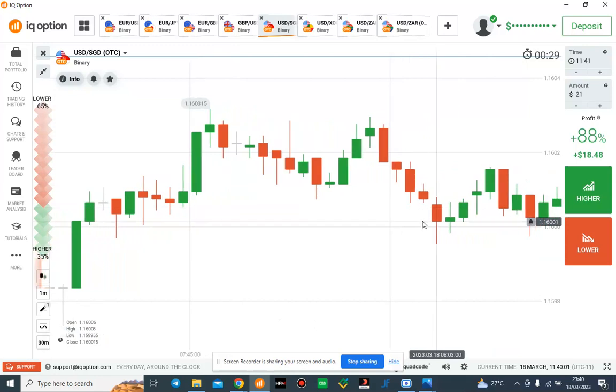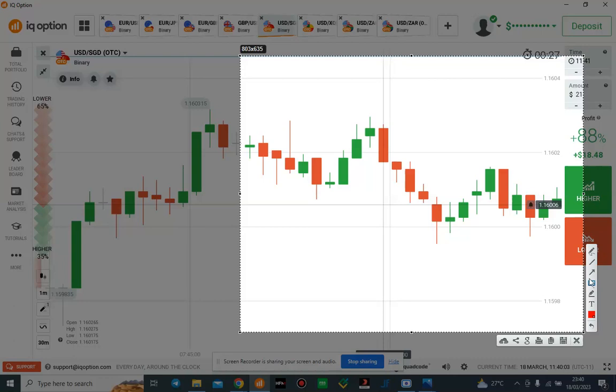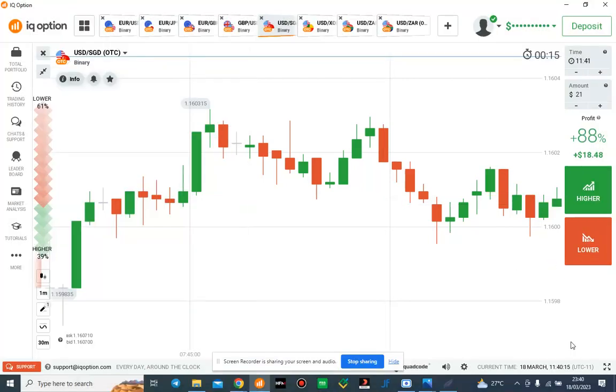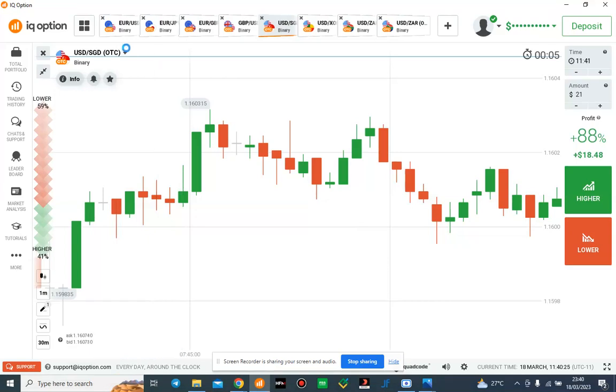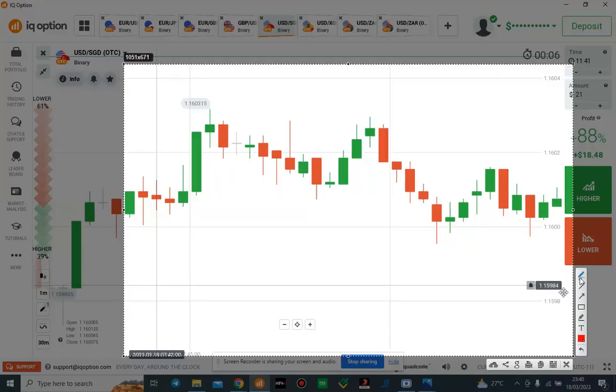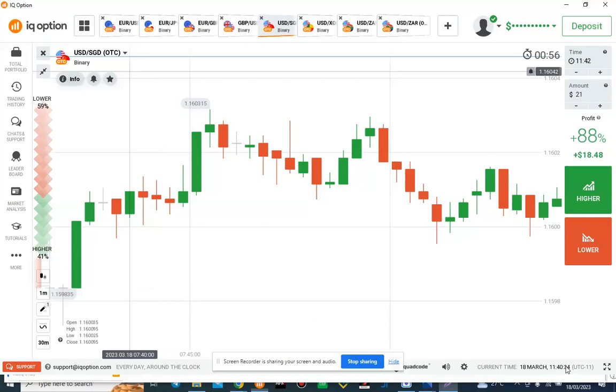So after some sellers entry, we have some candle which we expect the market to reverse and keep going more down, but it decided to create a double bottom. So that means that if you draw a trend line connecting these highs and highs, what we expect is the market to go more down.